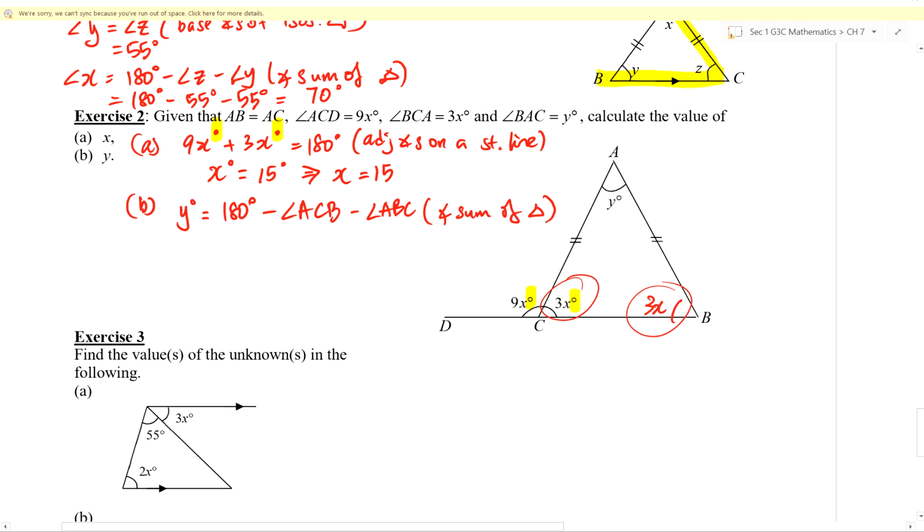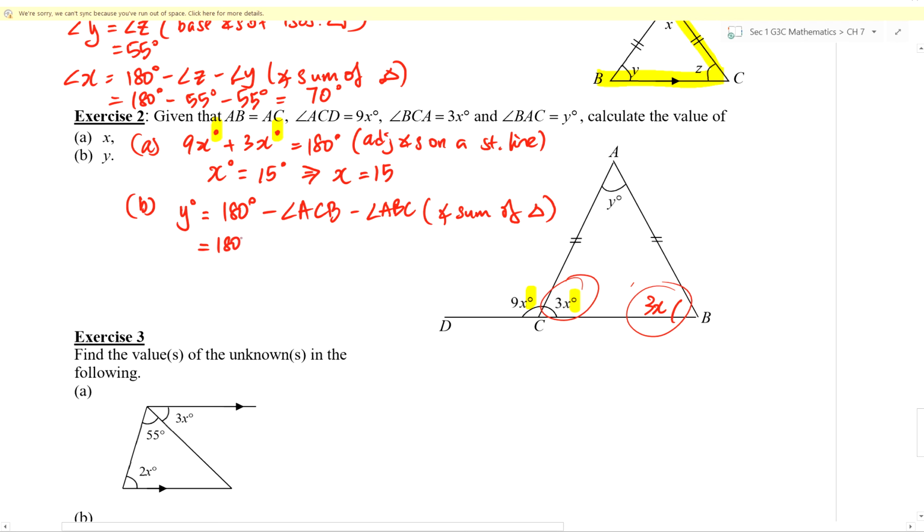Now, did I state in my equation that angle ABC is also 3x? I know I've indicated in the diagram, but I haven't written it out. And we know that it is 3x because it is the base angle of isosceles triangle. So later on, we will have to include that.